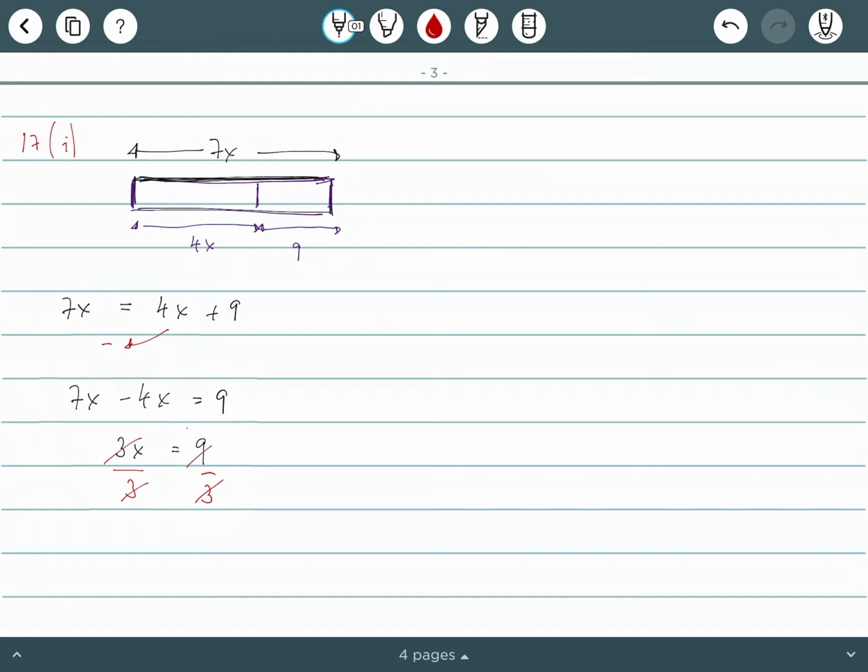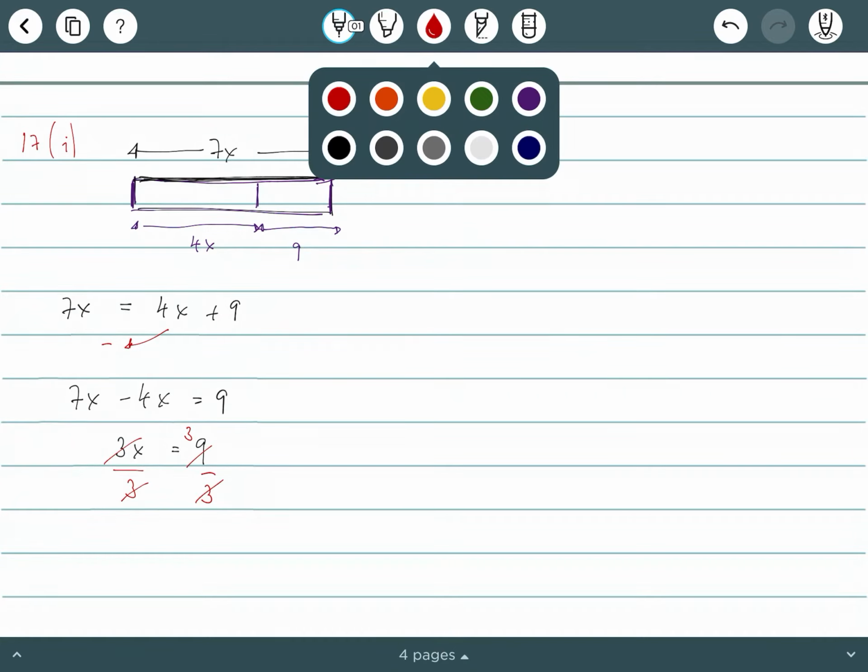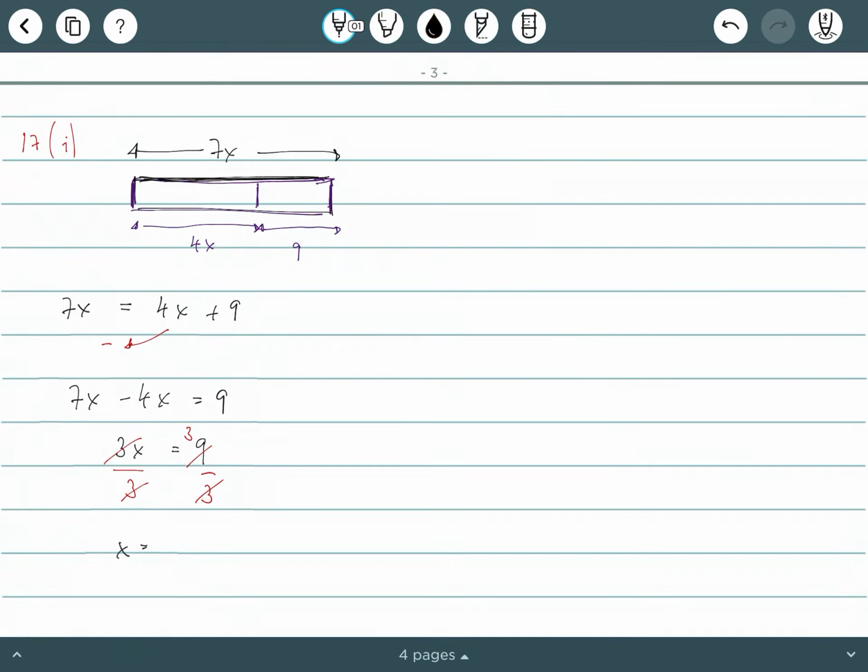So we get x is equal to 3. If we were to sub that in here, it'll prove it to us. 7 times 3 is equal to 21, and 4 times 3 is 12, plus 9 would also be equal to 21. Therefore, equal.